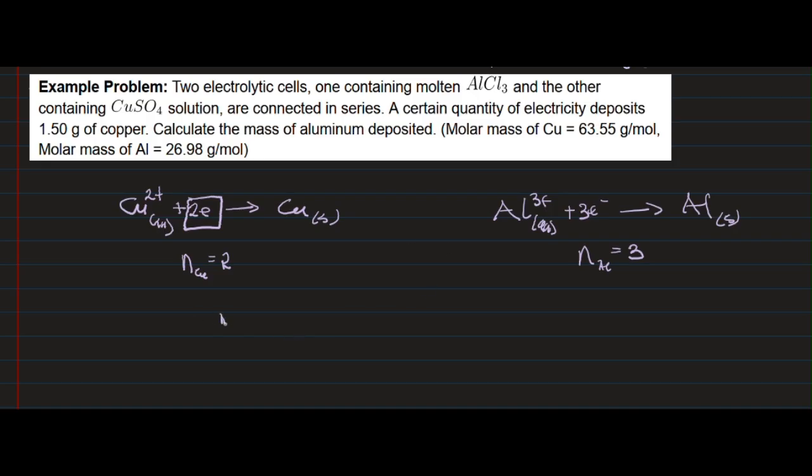So it means m of Cu, that is the mass of copper deposited, divided by m of Al, the mass of aluminum deposited, equals the equivalent weight of copper, which is the molar mass of copper divided by the number of moles of electrons that deposited copper, n of Cu, divided by the molar mass of aluminum, M of Al, divided by the number of moles of electrons that deposited aluminum.